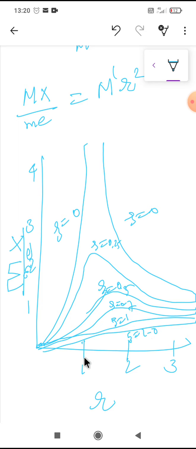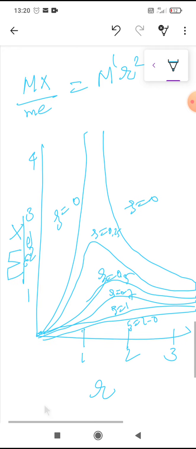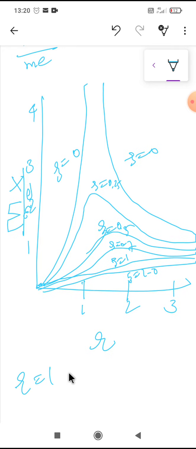As you can see, when the frequency ratio is 1, the amplitudes are the maximum. What does it mean? It says that when the force frequency is equal to the natural frequency, that is r equal to 1, meaning omega is equal to omega n, at that time resonance occurs. At resonance the amplitudes are always maximum, so this x becomes maximum and infinite.